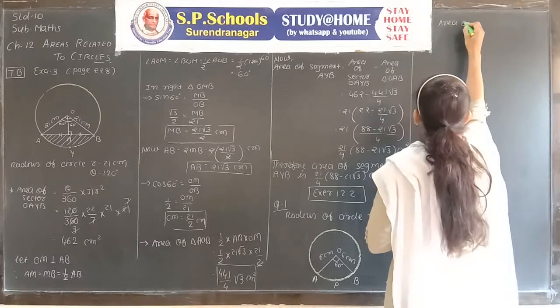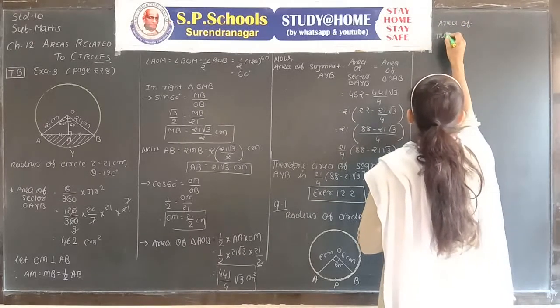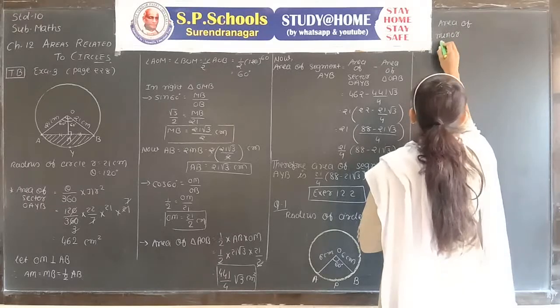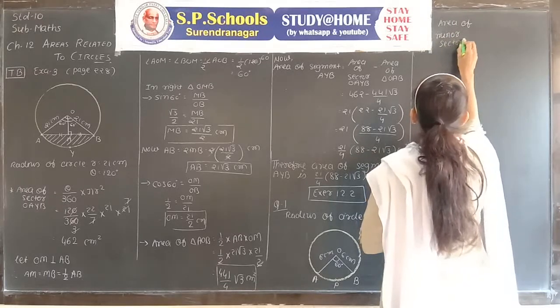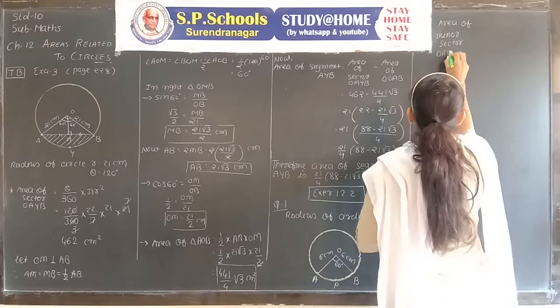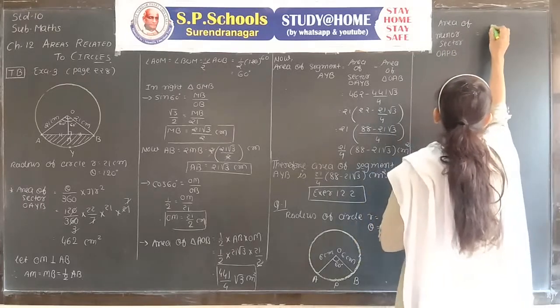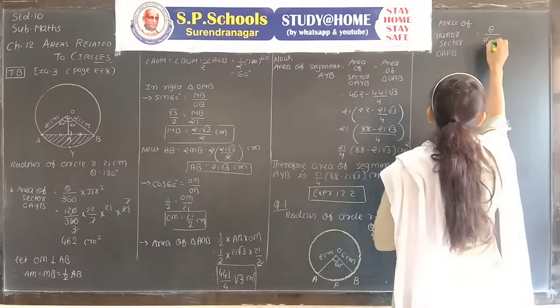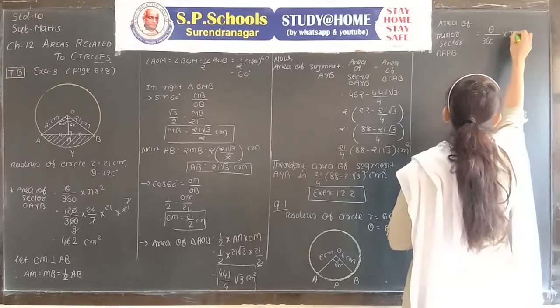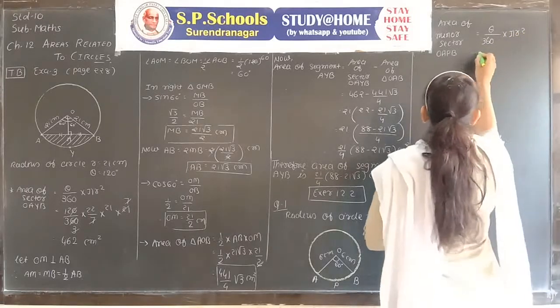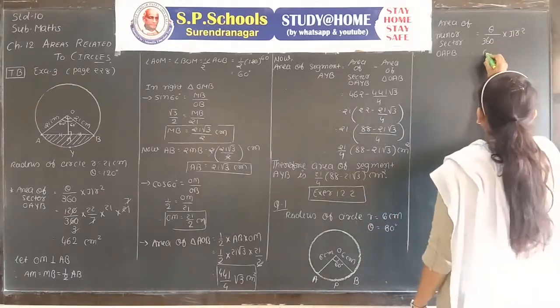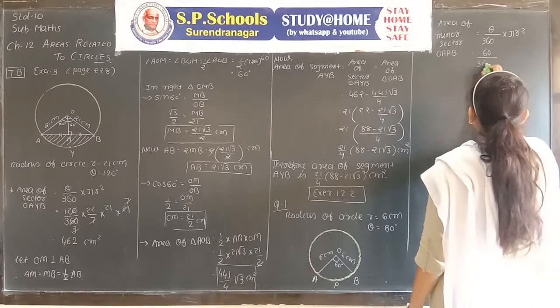Area of minor sector OAPB is equal to theta upon 360 into pi r square, where theta is equal to 60 upon 360.